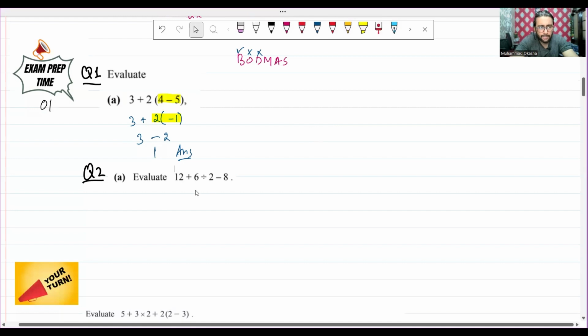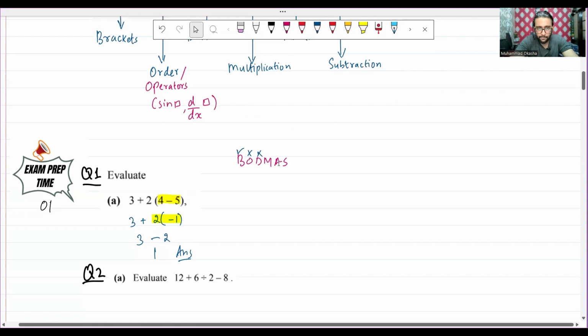Evaluate 12 plus 6 divided by 2 minus 8. Okay, so one very important thing is that any integer has its own sign. Every integer that you see, in fact, every number that you see, not necessarily an integer, has its own sign, and that is written to the left. For example, it's written 4 minus 2.